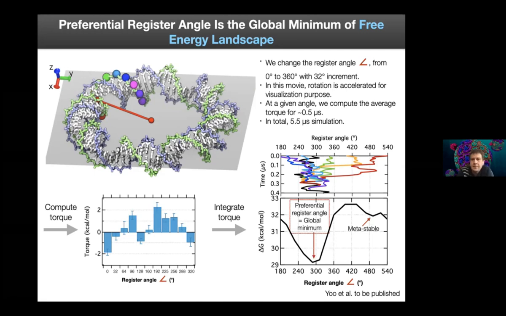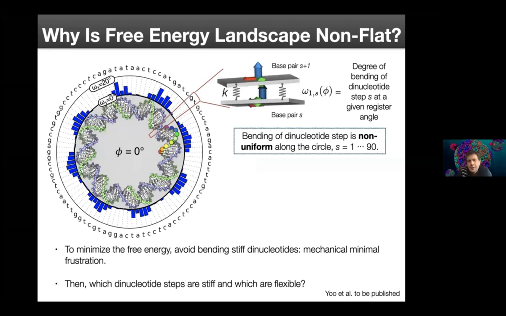And why is it there? That's a good question. If you look at the DNA circle carefully, and I hope you can see my cursor here, it's actually not a circle. It's an octagon. You see there's a straight line, a sharp bend, a straight line, a sharp bend, and so on. In this circle, we can plot the local deformation of the bases, and it's deformed where the major groove of the DNA faces inward.